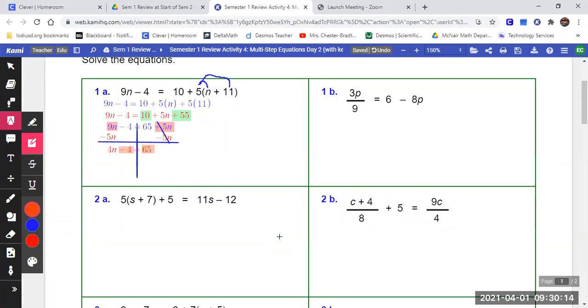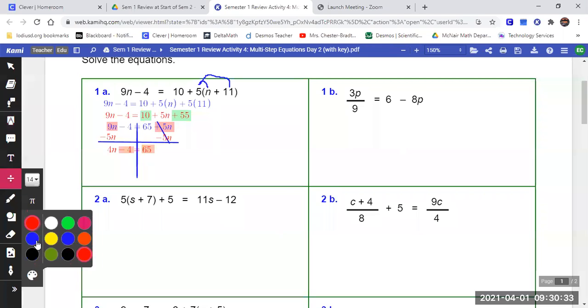Okay, so what are we going to move away from the letters? The -4. So how are we going to big zero the -4? What's going to big zero out our -4? Adding 4 to both sides, exactly.